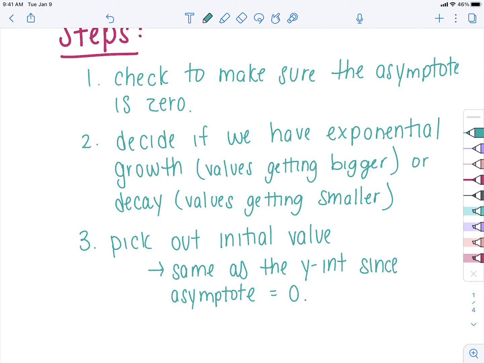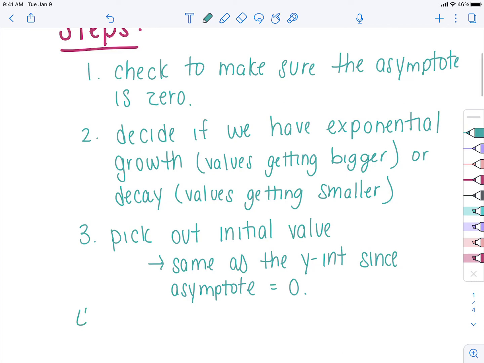And then the last thing we want to do is figure out our growth factor. So figure out what we're either multiplying by or dividing by to get each value. Find our growth factor. And there's different ways that we can find our growth factor.